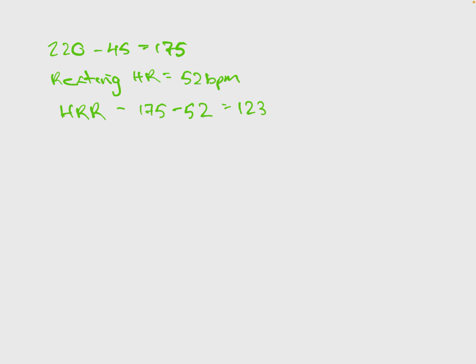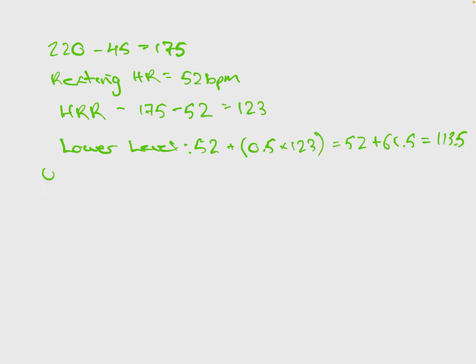Now, to calculate my lower level, we take the resting heart rate and add 50% of the heart rate reserve. So my resting heart rate was 52, and we add 0.5 of 123, which equals 52 plus 61.5, and so my lower level is 113.5 beats per minute.